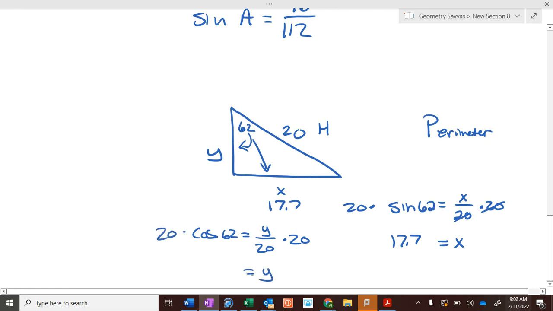What is y equal to? 9.4. I'll go with that. So if you add 9.4 to 17.7, you get 27.1 plus 20 is 47.1. Are we good? Perimeter. All right.